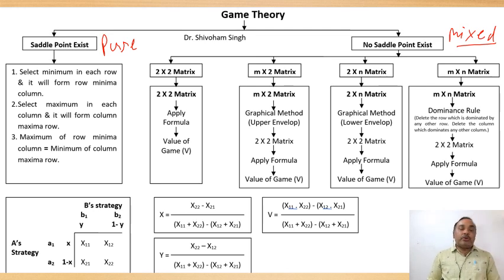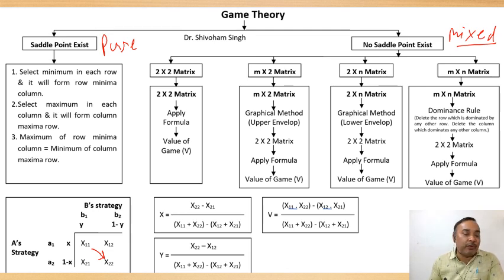Now the question may arise: how to learn the formula? Nothing to worry. In the matrix also, we know how to go about solving it, and the same method you have to adopt. For a matrix, we take x11 into x22 minus x12 multiplied by x21.